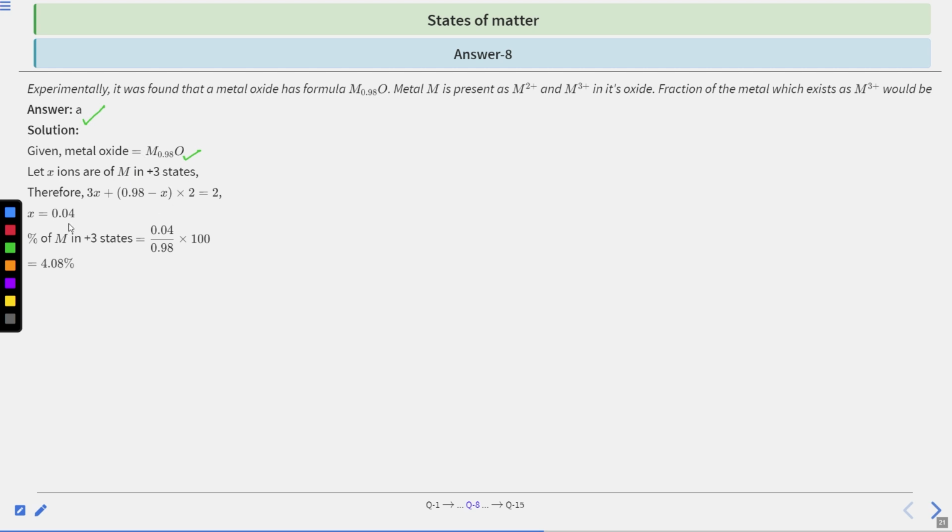From this equation, X is coming out as 0.04. So the percentage of M in +3 state will be 0.04 divided by 0.98 multiplied by 100, which is 4.08%. Hence, option A is the correct answer.